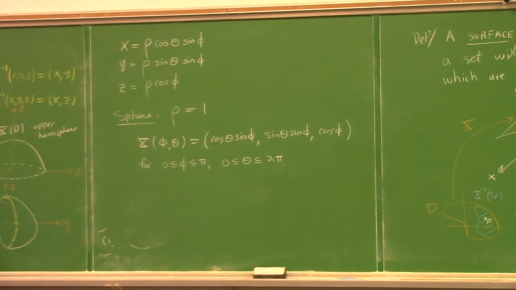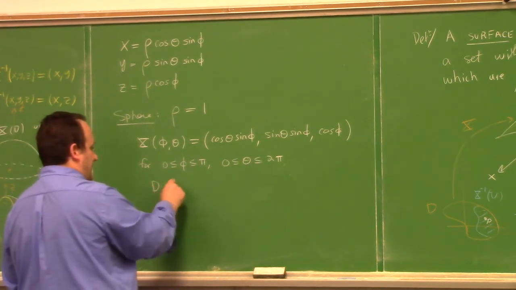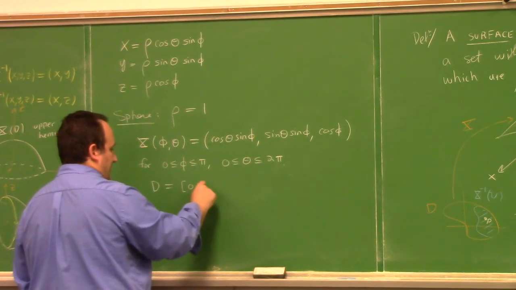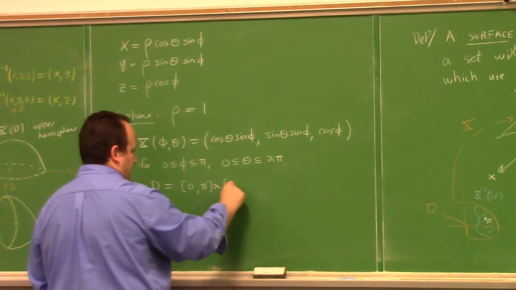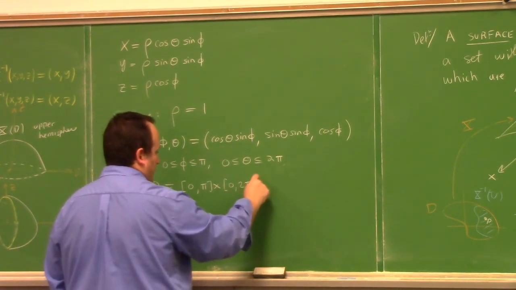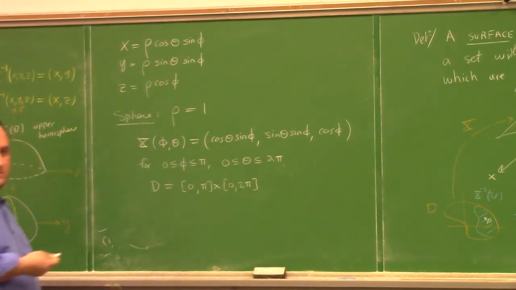So one thing, we're already in trouble, because what's our domain for this parameterization? Our domain is actually 0 to pi, Cartesian product with 0 to 2 pi. That's a closed set. So you're like, well, I'll just make it bigger and open, right? Just make it go bigger and give it fuzzy edges. Then what do you run into?